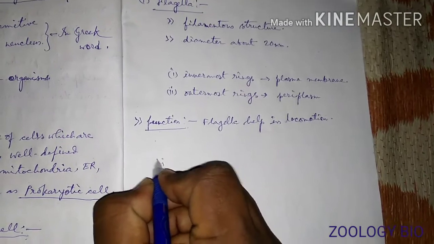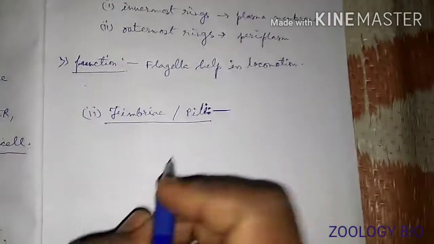So the second structure of prokaryotic cells is the fimbriae or pili.